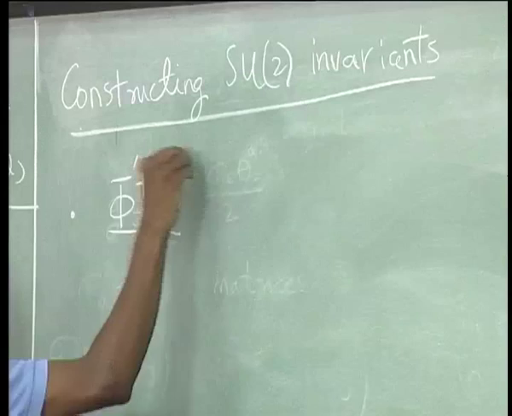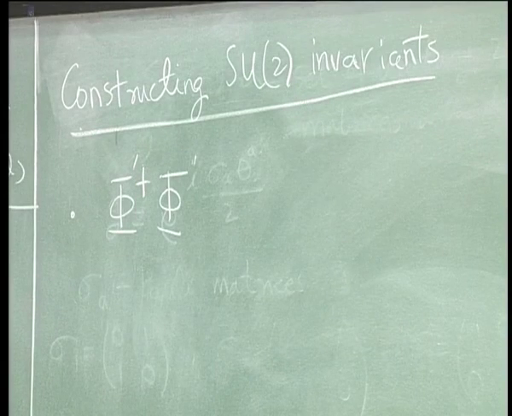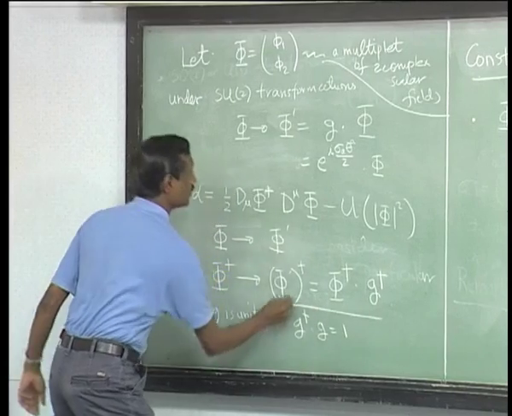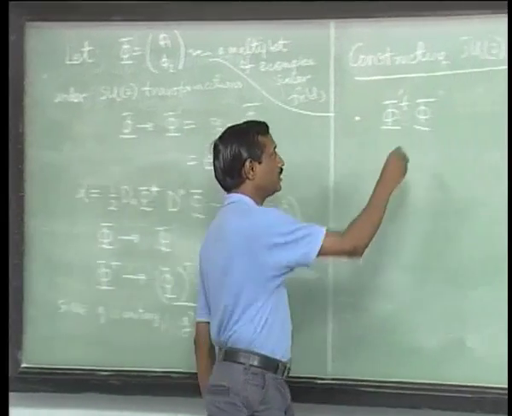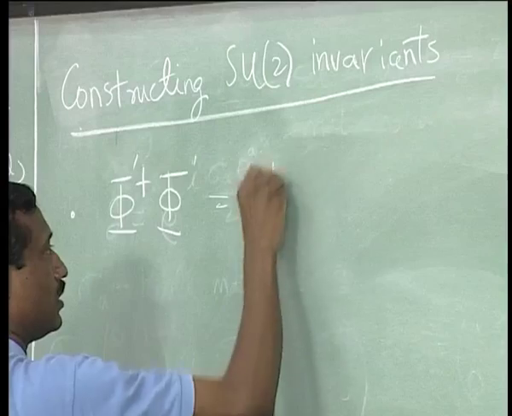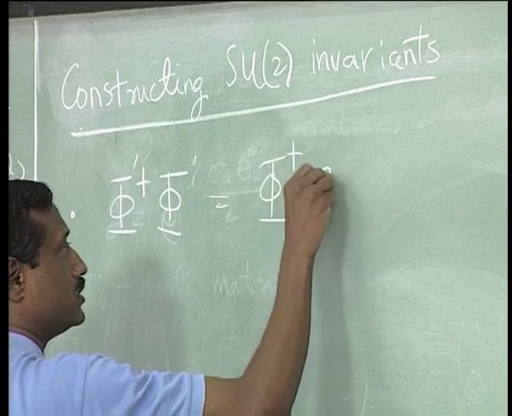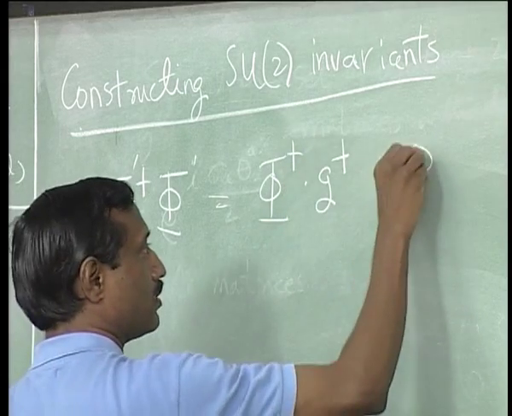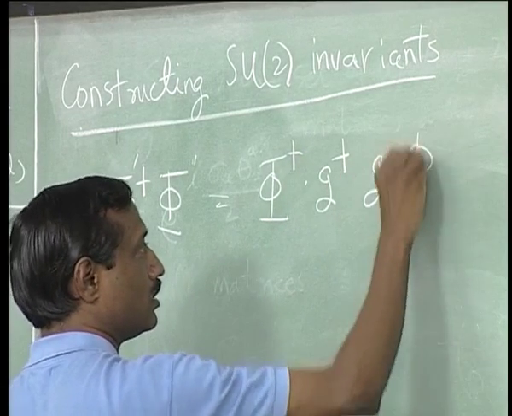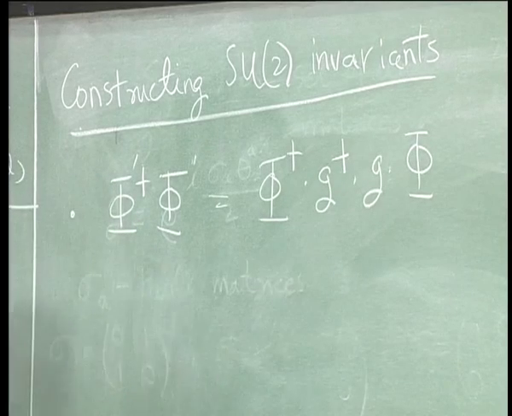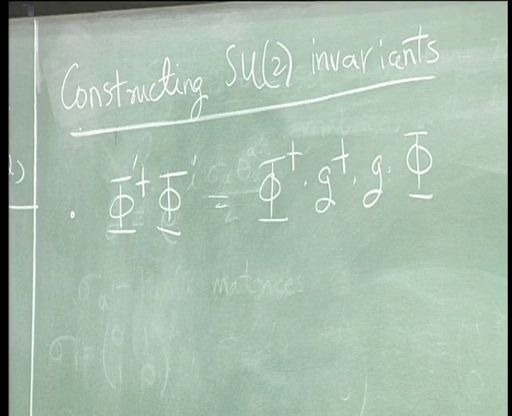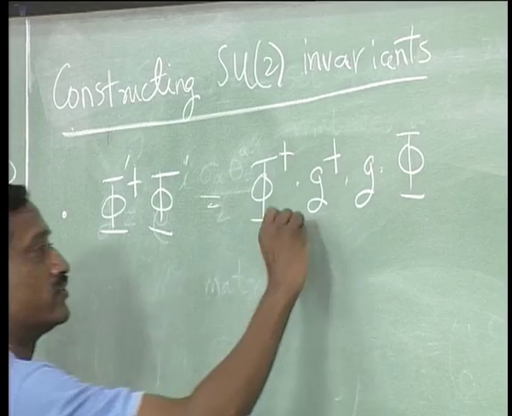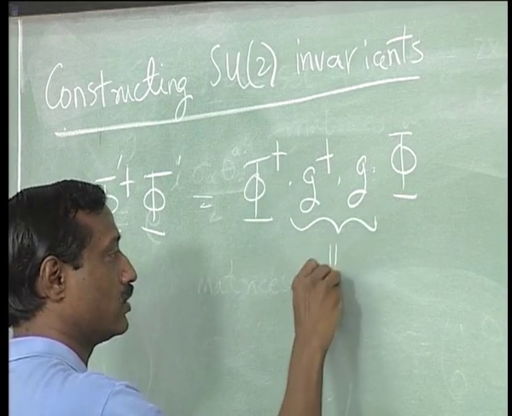Why is that? Let us put primes out here and look at how these two things come. So this is equal to phi dagger dot G dagger times G dot phi. And the unitary property of G implies that this is equal to 1.